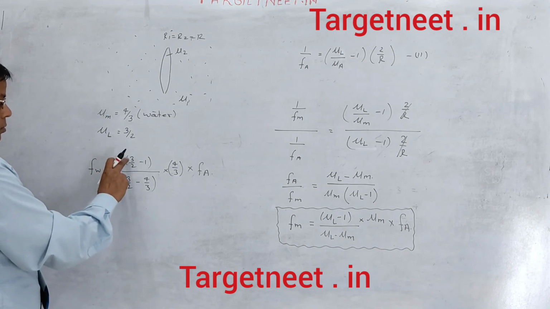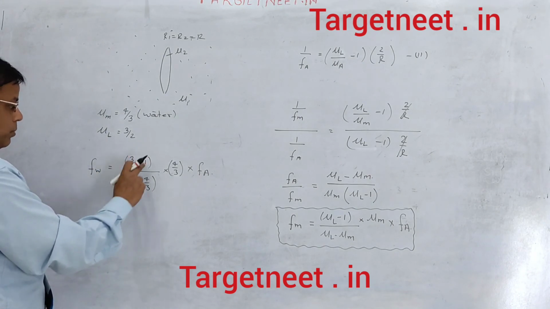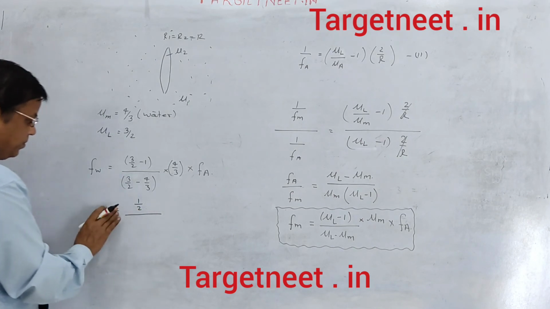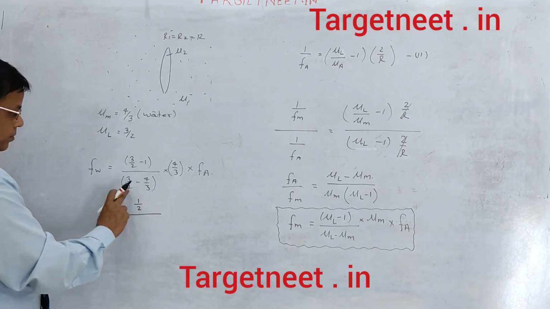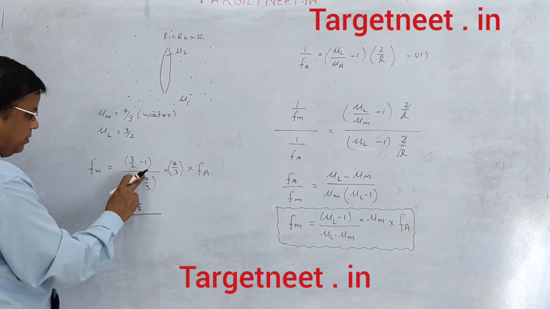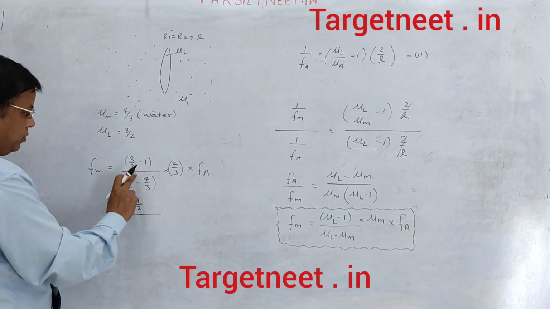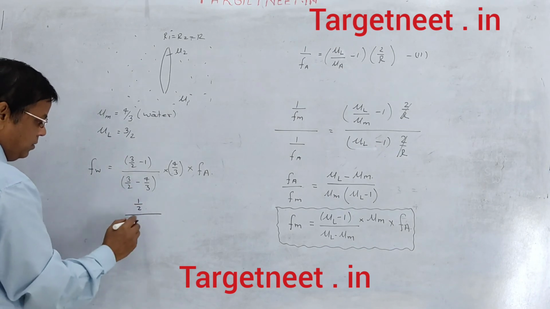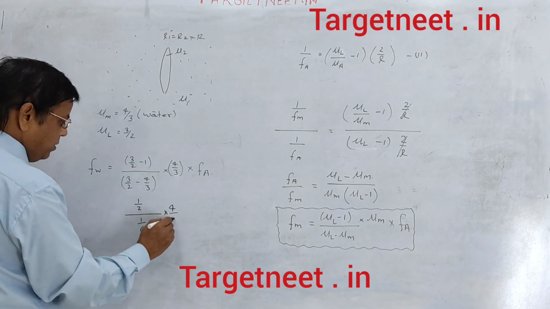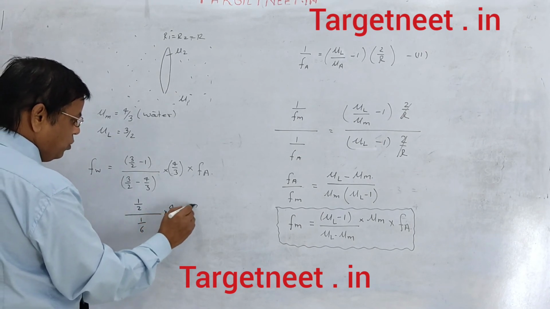Now 3/2 minus 1, it is 1/2. So in numerator we get 1/2. Here if I take LCM 6, so this is 9, this is 8. So it is 1 by 6. So 1 by 6 into 4 by 3 into focal length in air.